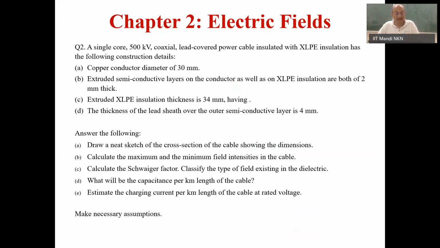In the coaxial cable, the inner conductor, the main conductor of the cable, is at high voltage, and the outermost conductor, which is provided in this case with the help of a lead sheath, we call it lead covered or lead sheath covered.